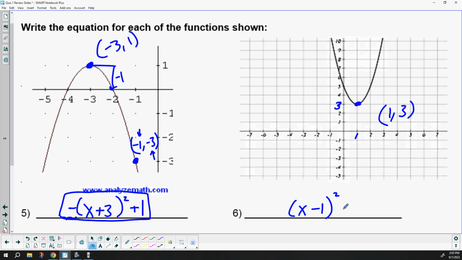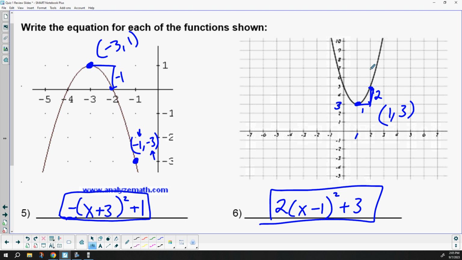If I count over 1 and then go up to the line, I went up 2. So my leading coefficient is 2. Boom. You always go over 1 unit and then go to the line, whichever way it's at. Count your squares.